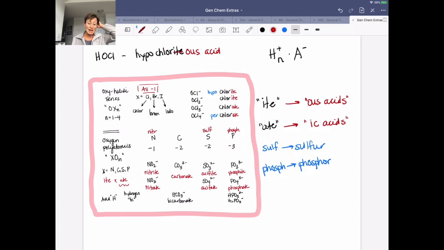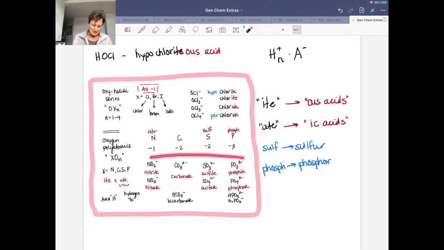So that would be hypochlorous acid. Running through without writing them down, this would be chlorous acid, so we don't have the hypo there. This would be chloric acid, and this would be perchloric acid. Hopefully you see the pattern that we have there.